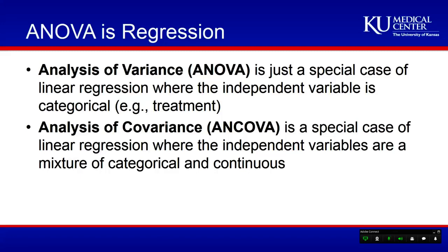Analysis of covariance, which you might be a little bit less familiar with, is a special case of ANOVA. It's basically just ANOVA where we're trying to look at the relationship between an outcome and some categorical treatment factor, while controlling for or adjusting for a continuous nuisance factor.